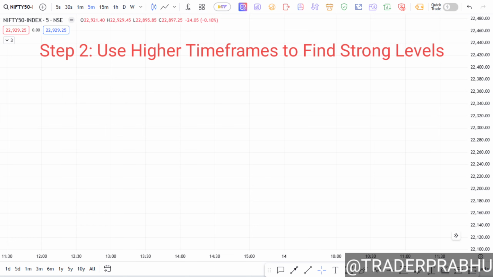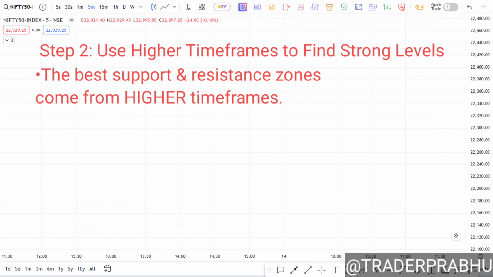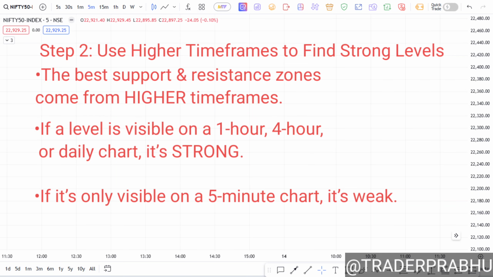Now here is something that will change the way you trade forever. The best support and resistance zones come from higher time frames. Let's be honest, most retail traders only look at the 5 minute or 15 minute chart. Big mistake. Why? Because smart money operates on bigger time frames. So here is a rule of thumb.